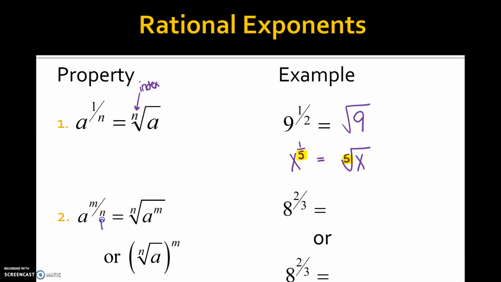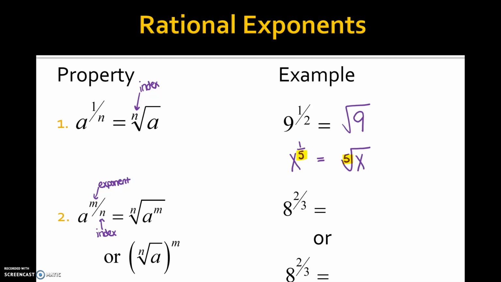And in number 2, the bottom part is going to become the index. The numerator of that fraction is going to become the exponent. So a raised to the m over n becomes the nth root of a to the mth.